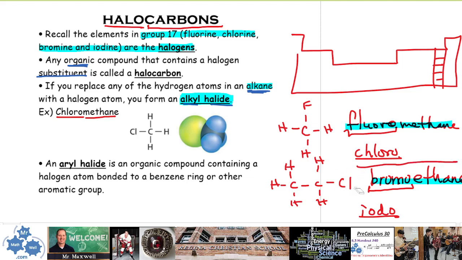And if I put just an iodine here, that's iodoethane. So if you had this ethane root or base, and you put an iodine on it, it would be this iodoethane.